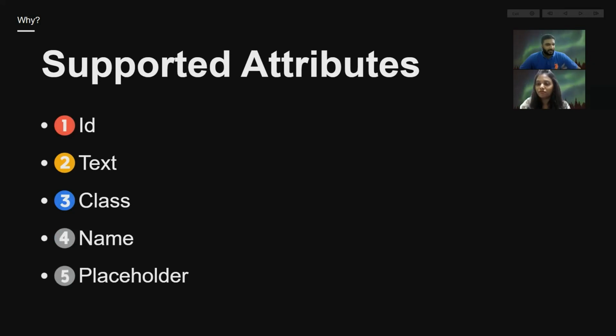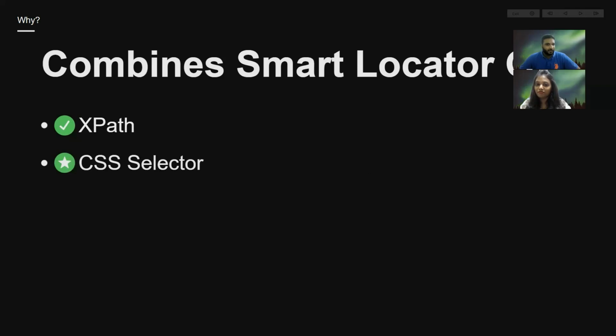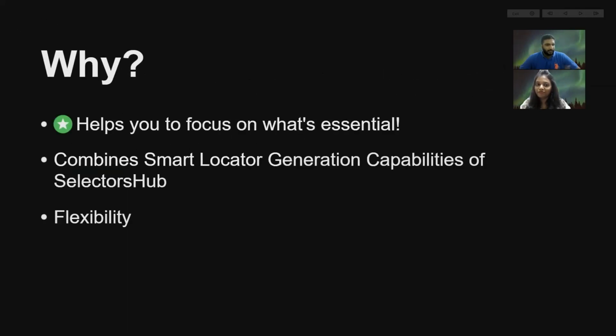All these are configurable in the tool for creating the XPath, and it also supports CSS selectors. That's the beauty of this tool and how it combines the good capabilities of Selectors Hub.